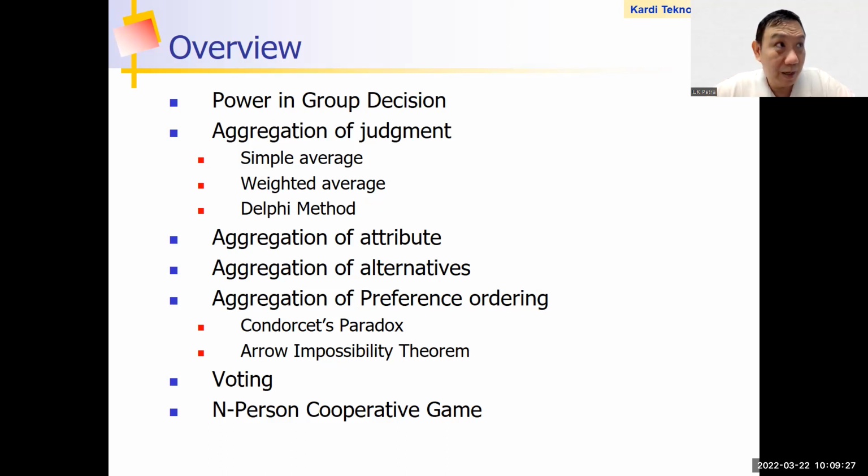I don't know if we have time today. If not, next meeting we will cover game theory. Also, there are several Nobel Prize winners on game theory. So this is really very active research.